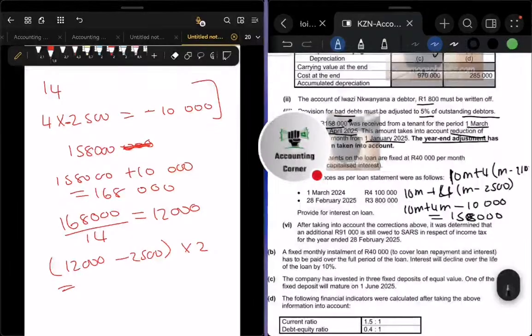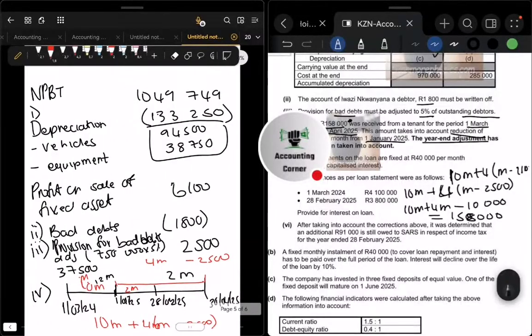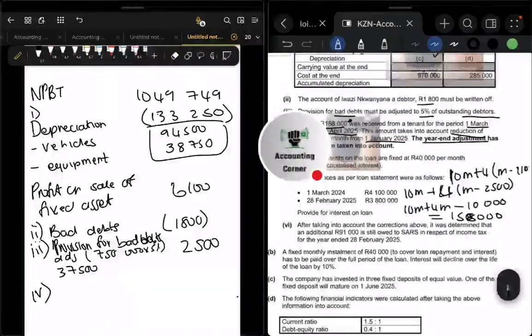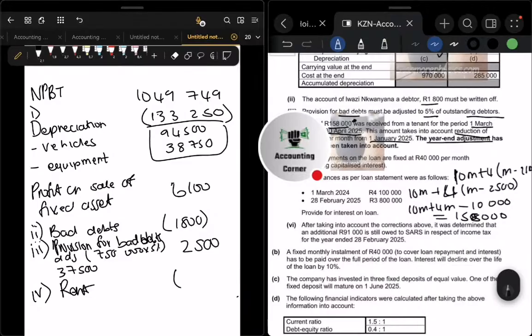And that'll give us 19,000 as our income received in advance. So that does not belong in the current year, so we will need to remove it from our net profit because that is income for the next year. So we say rent minus 19,000. Okay.